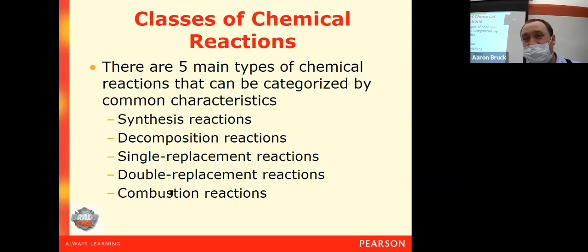And from a chemical standpoint, it actually makes it a lot easier to balance because we kind of know what we're looking at and what kind of tricks we can apply based on the situation. So let's look at each one of these in turn. So we'll start with the synthesis reaction.